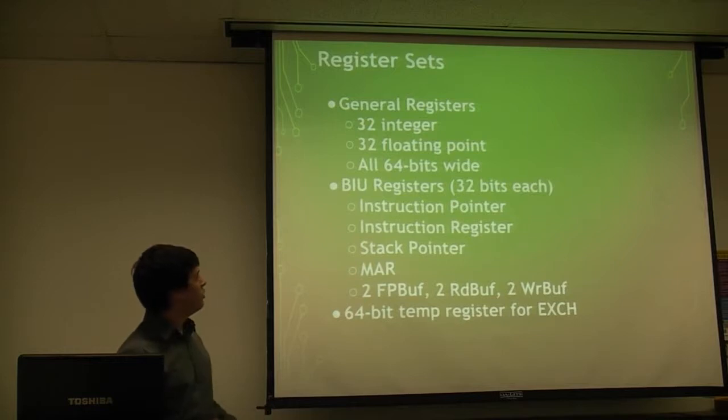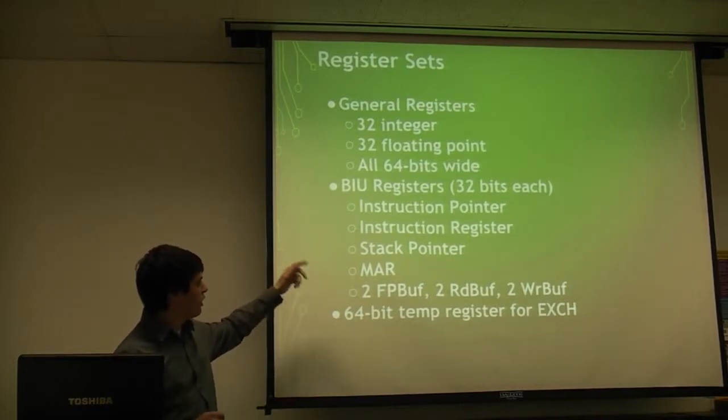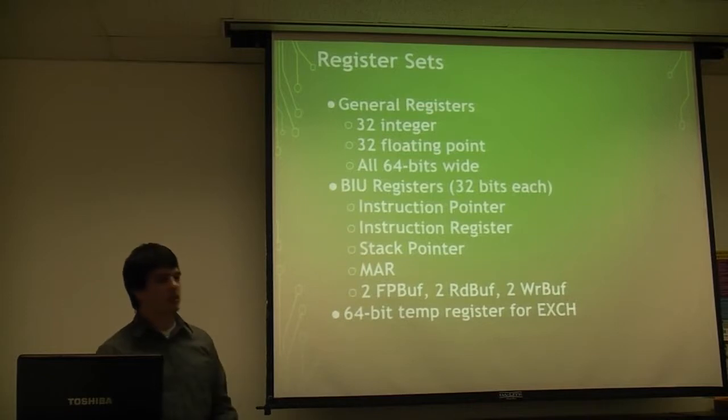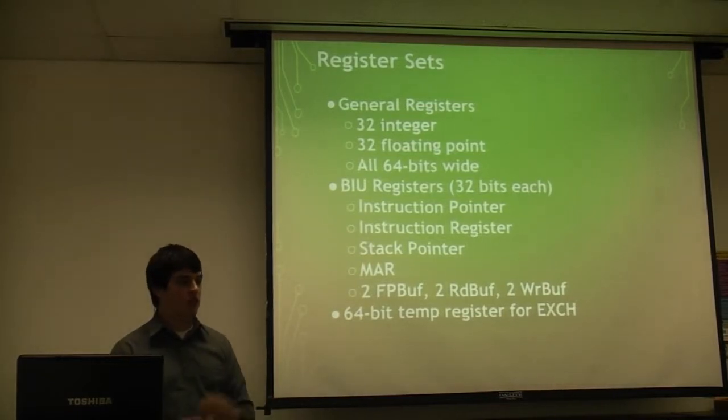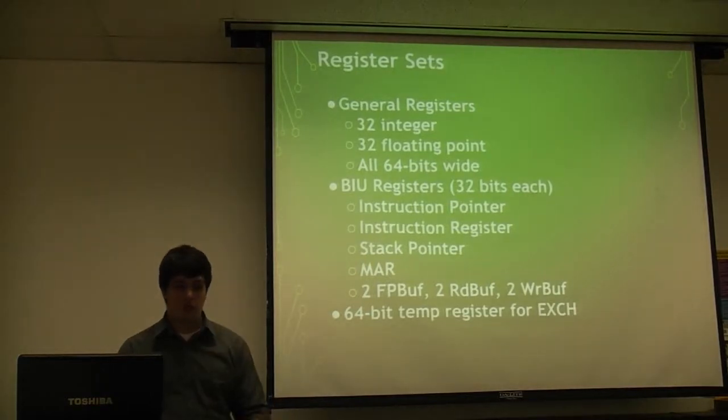In our BIU, the bus interface unit, all registers are 32 bits, such as the instruction pointer, instruction register, stack pointer, memory address register, all of our buffers. The only exception to that 32-bit rule in the BIU is a 64-bit temporary register that we had to implement for our exchange operation, exchange or swap, however you want to word it.